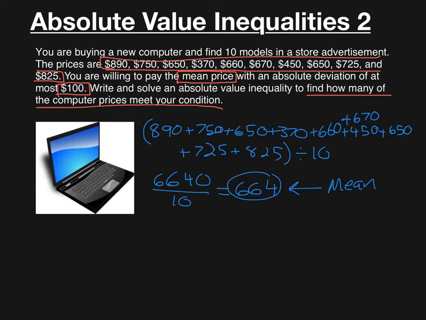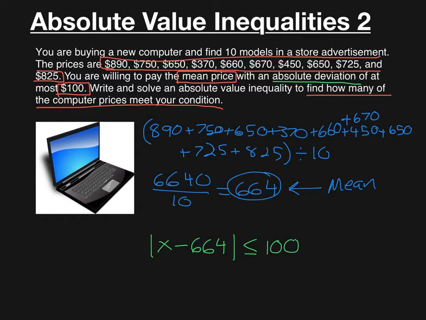So remember, in an absolute deviation problem, that's what kind of problem we're looking at here, absolute deviation, we say that the difference or the distance between the possible numbers that we're looking for, which we represent with x, and the ideal number, which is 664, is less than or equal to the absolute deviation.